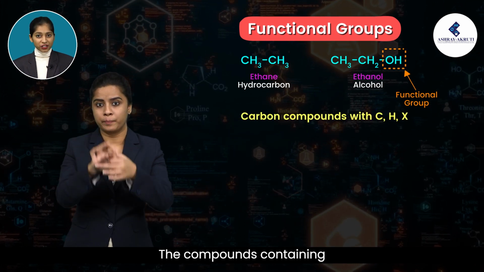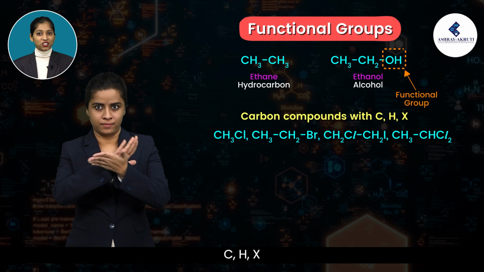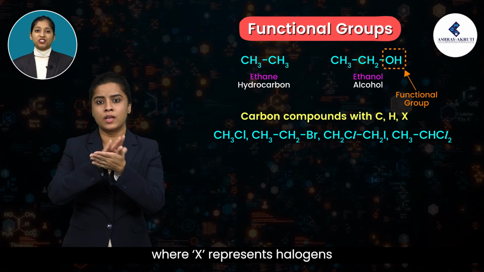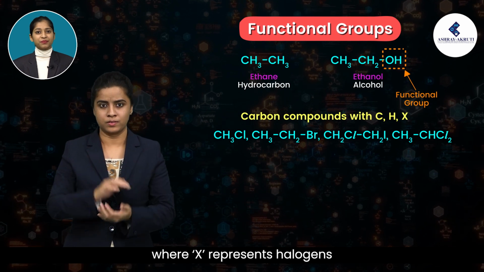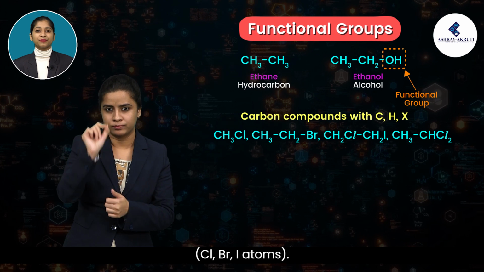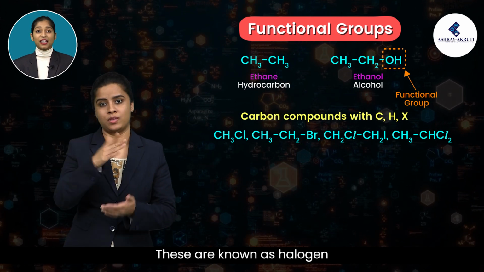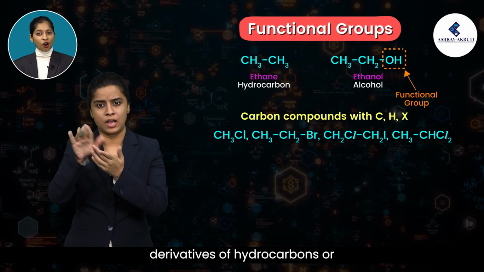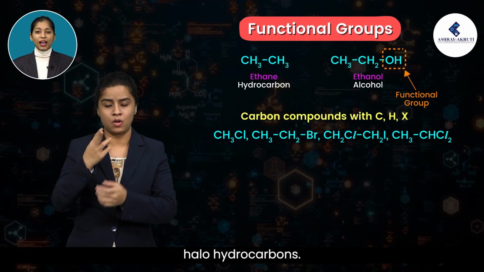The compounds containing C, H, X, where X represents halogens Cl, Br, I atoms, are known as halogen derivatives of hydrocarbons or halohydrocarbons.